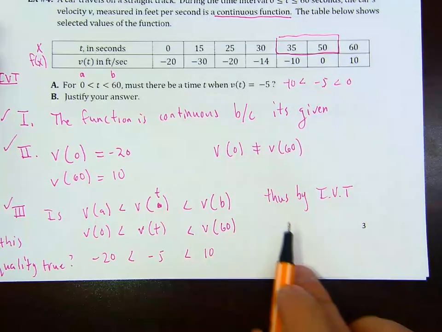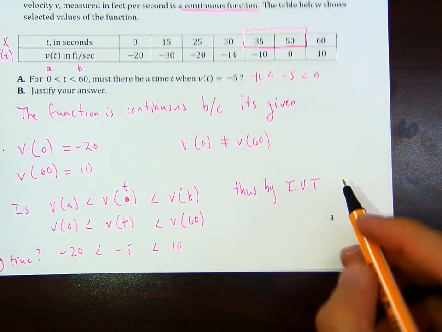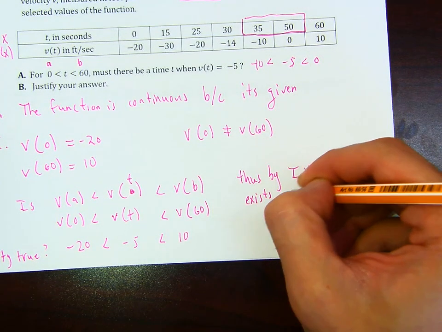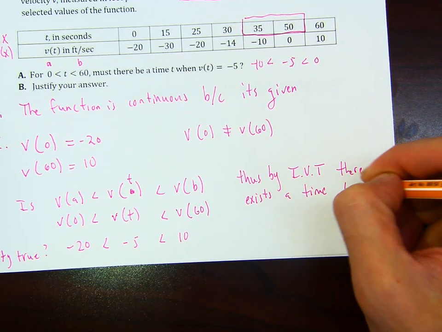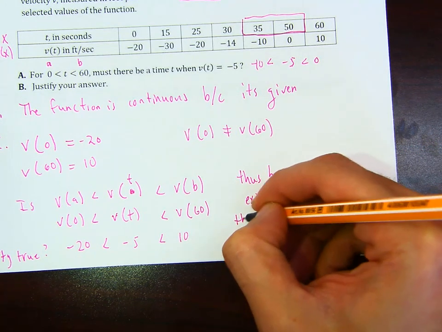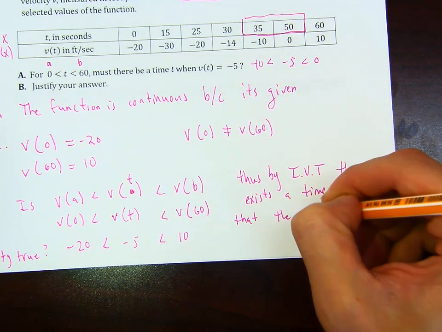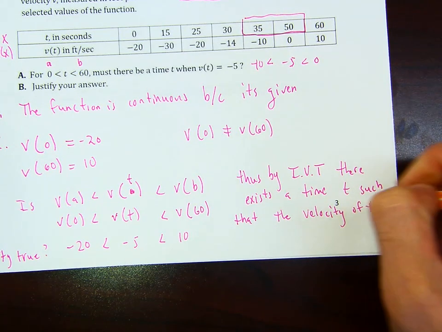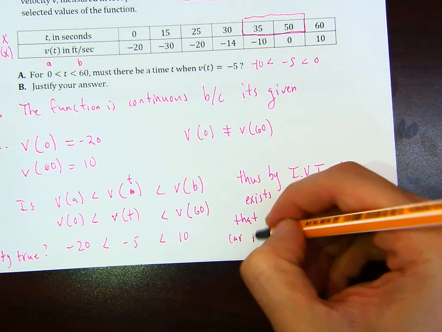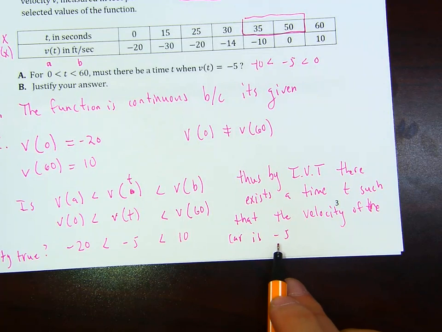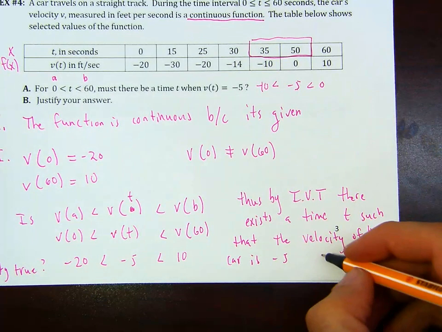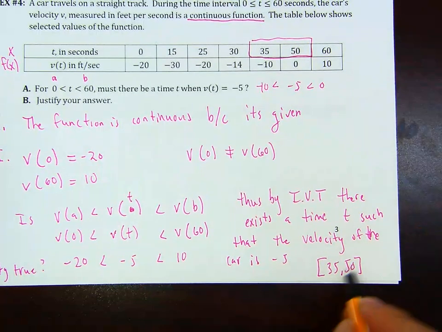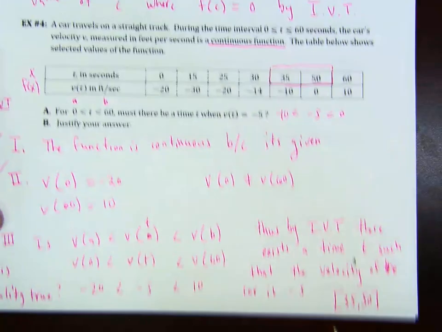So to fully justify, we have to say, thus, by IVT, there exists a time t such that the velocity of the car is negative 5. And where does that happen? It has to happen between 35 and 50. Somewhere in between that. Okay.